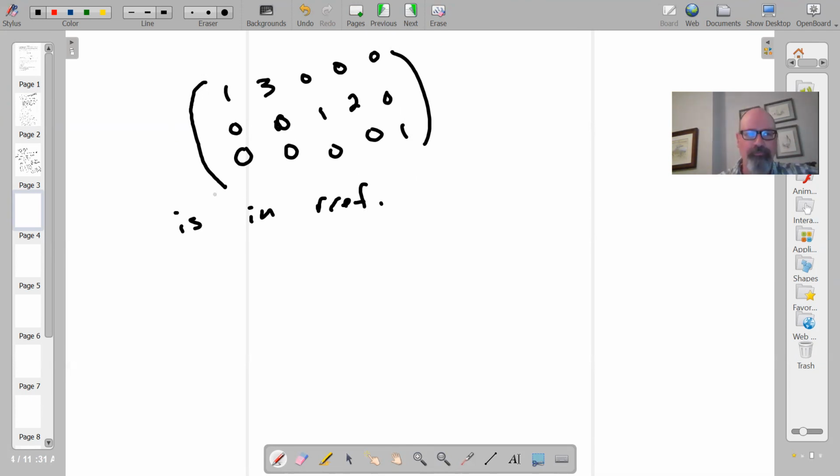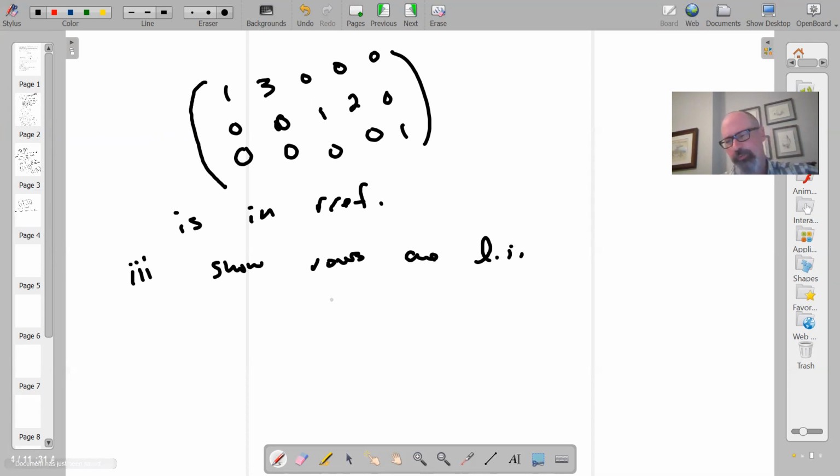Now, when you think about part 3, you're trying to show that the rows, you can pick different numbers, or you can put asterisks in there if you want, doesn't really matter, but you want to be able to show the non-zero rows are linearly independent for a matrix that looks like this.